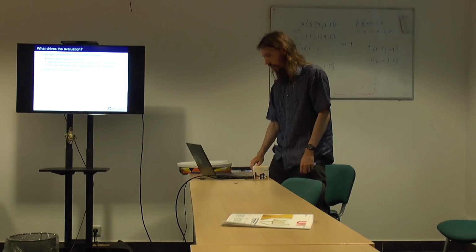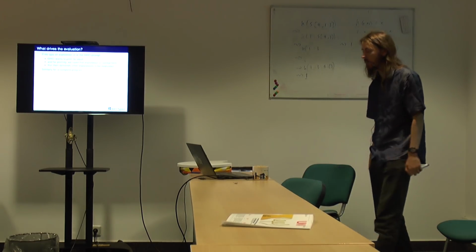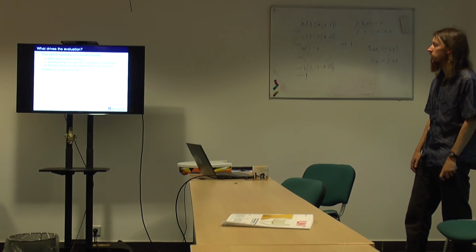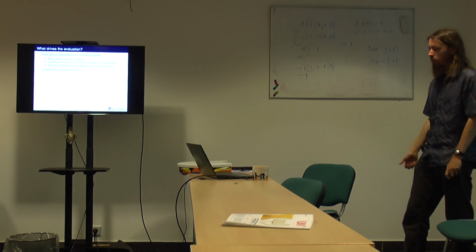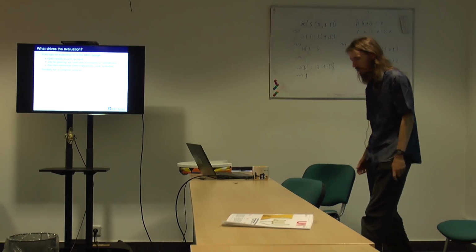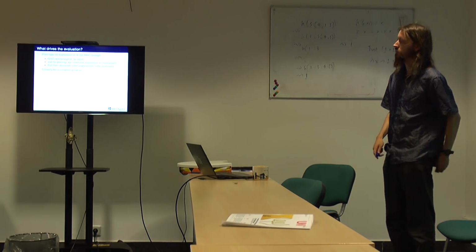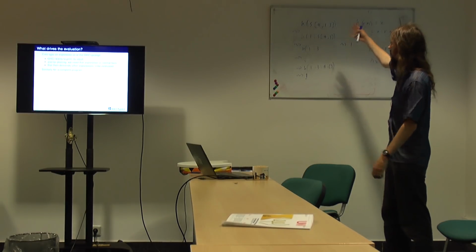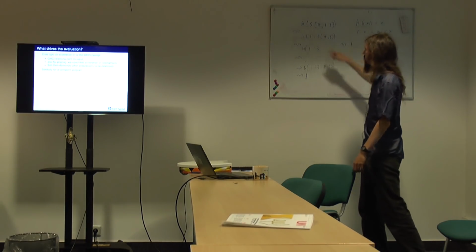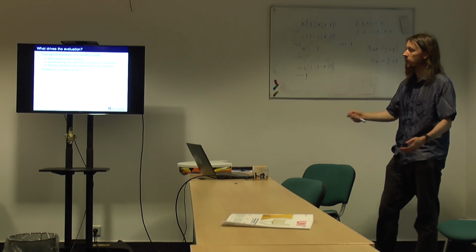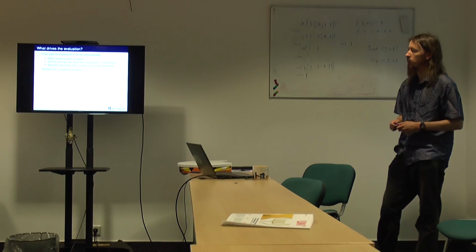Okay, so what actually drives evaluation? This is important for building up your mental model of how this works. If you're using GHCi, then obviously we can define these things, but what causes that to actually be reduced and printed? Well, it's the fact that GHCi wants to print the result.